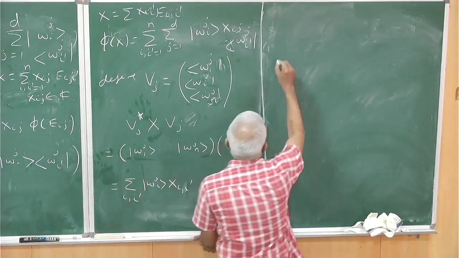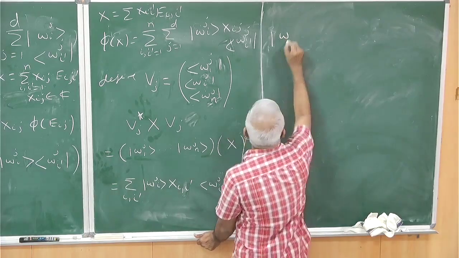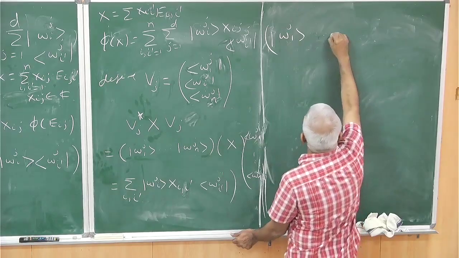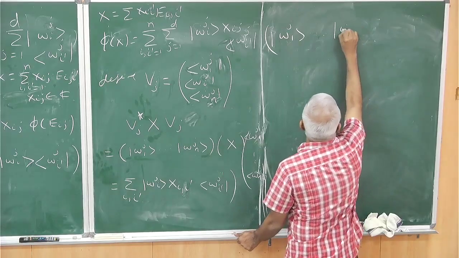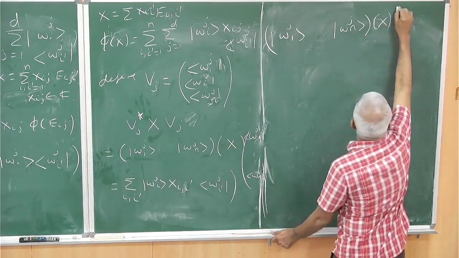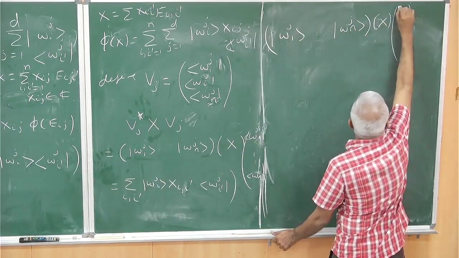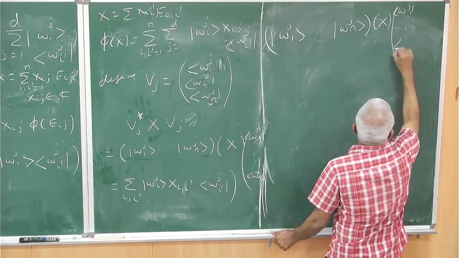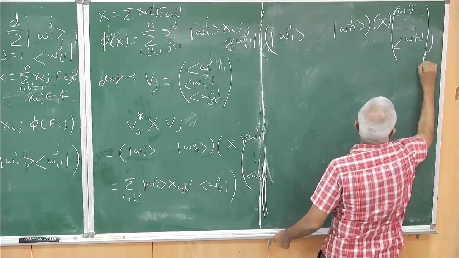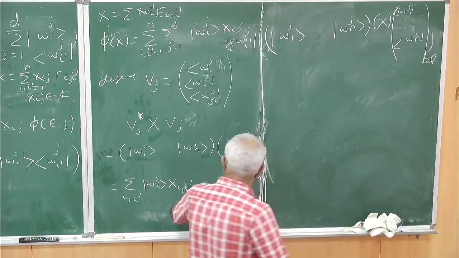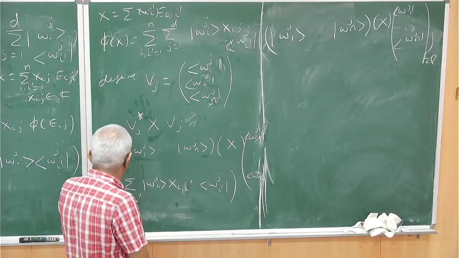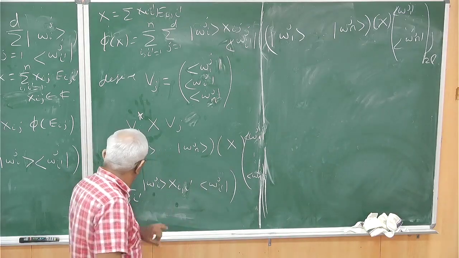So what I have to do is the following. I just write it like this: omega j1 up to omega jn, and x, and then write it like this: omega j1 up to omega jn. Its kth entry has to be equal to the kth entry of this.